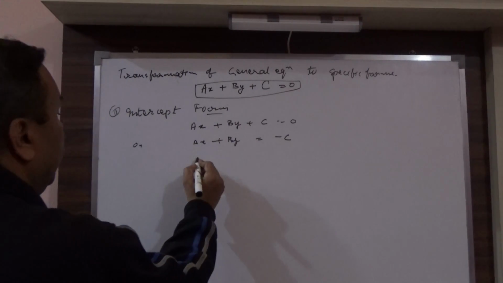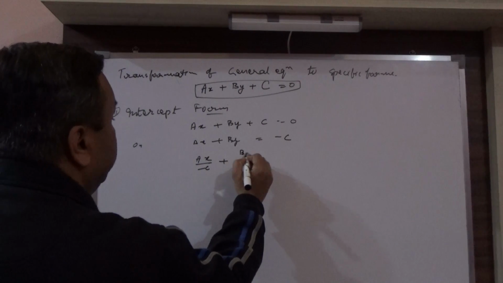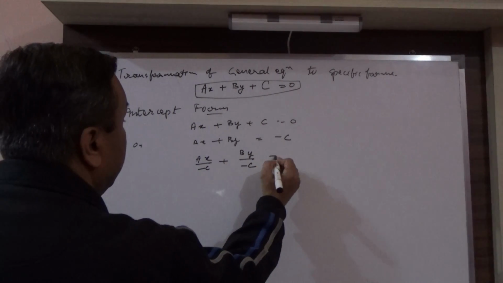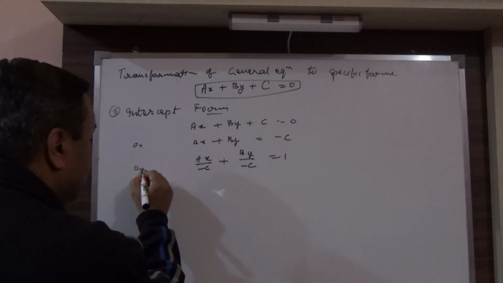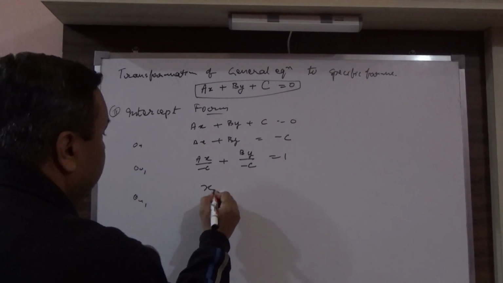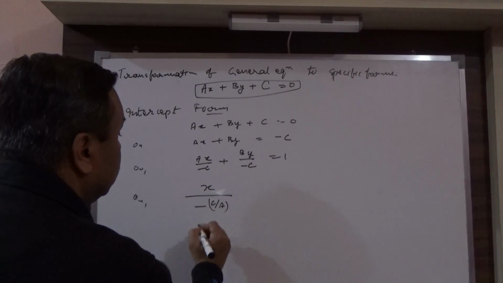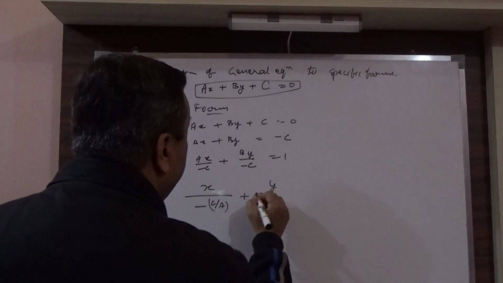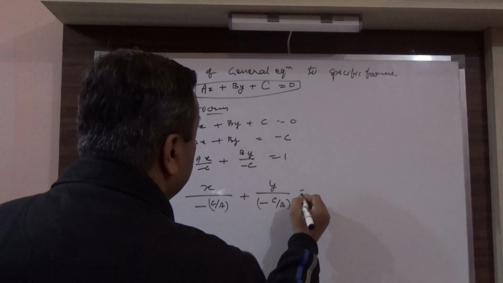So this will be ax over minus c plus by over minus c equal to 1, or I can write it as x over (minus c upon a) plus y over (minus c upon b) is equal to 1.